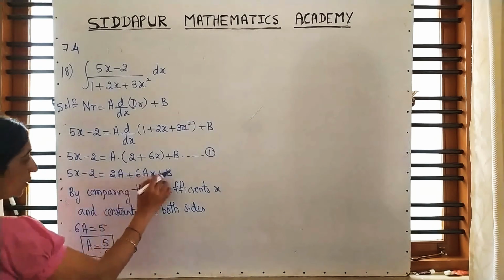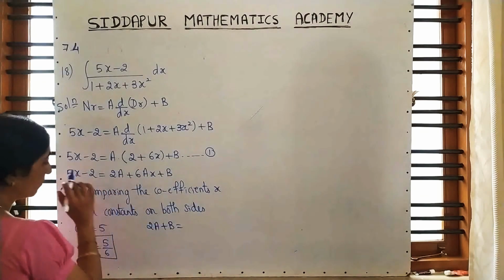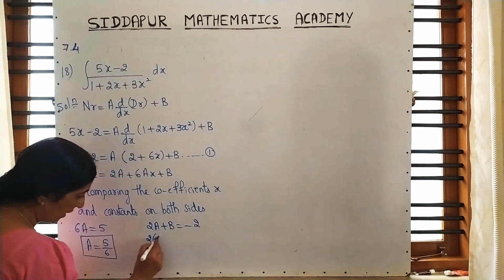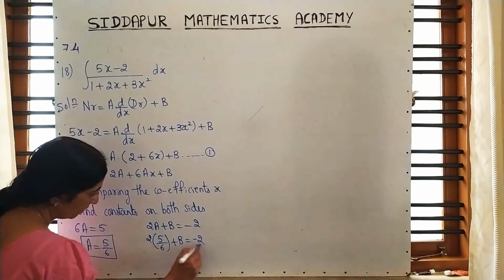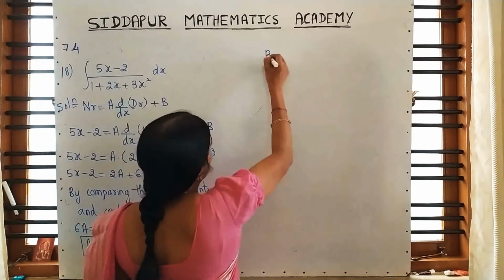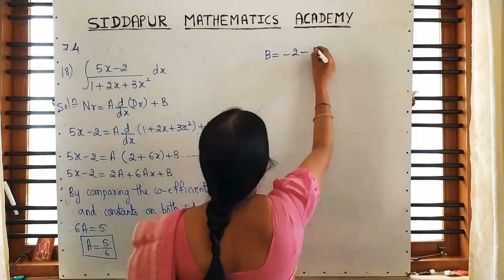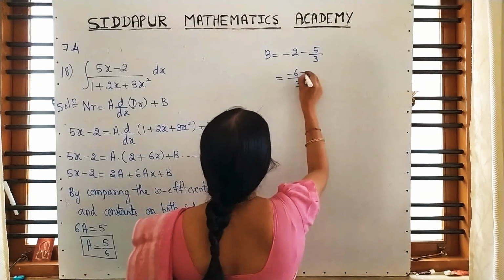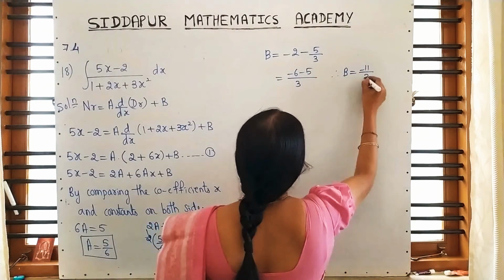The term without x: 2a + b, and here it is −2. Already we calculated the a value, substitute that a value. So 5 by 3 plus b is equal to −2. It is plus 5 by 3, taking on this side, −5 by 3. LCM is 3: −6 − 5. Therefore, b is equal to −11 by 3.